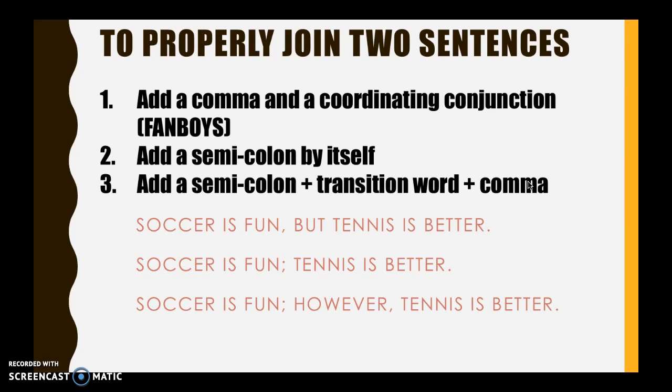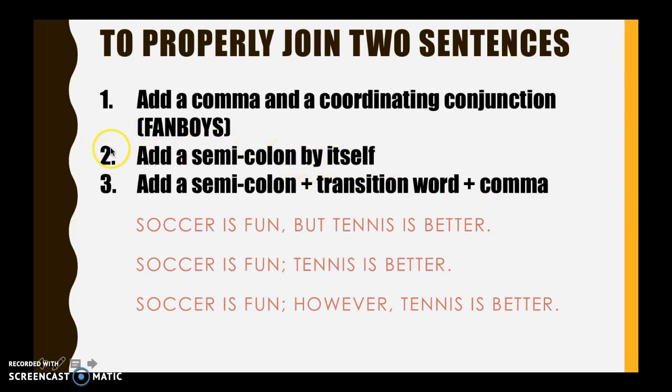When you're joining two sentences, you want a comma and a coordinating conjunction. Look at the first correction. "Soccer is fun, comma, but tennis is better." Now, you have properly joined those two sentences to avoid the run-on.